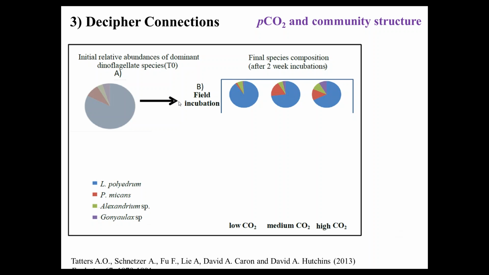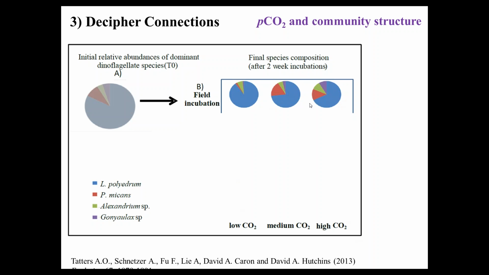them in semi-continuous batch cultures for 2 weeks at low CO2, ambient CO2, and high CO2. And then after 2 weeks, we just sampled and looked at which of these organisms were the most dominant and if there were shifts in regard to their abundance. And as you see in this pie chart, a general trend from low CO2 to high CO2 was that Lingulodinium, which dominated very strongly at the beginning, actually lost some of that share.